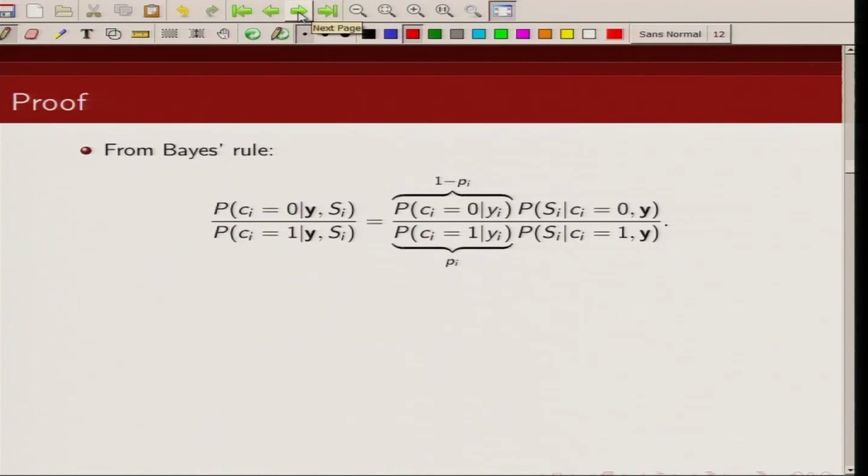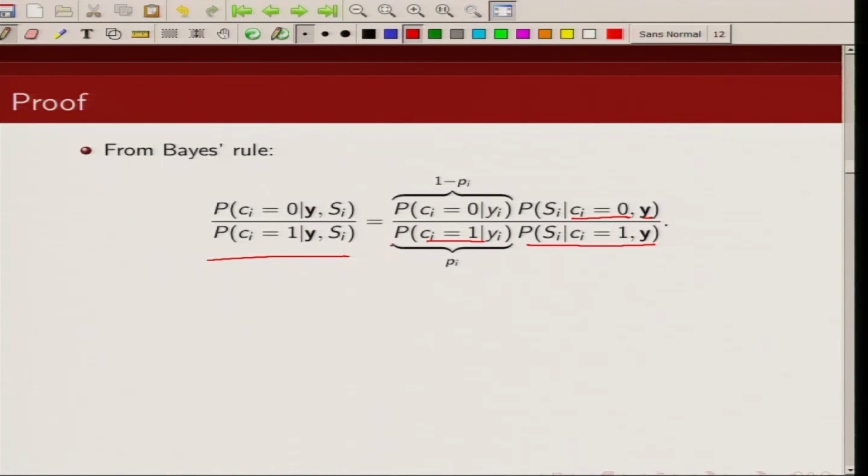So, let us see. From Bayes rule we can write this probability as probability of Ci being 0 given Yi multiplied by probability that the parity check constraints are satisfied given Ci is 0 and the received sequence is Y. And similarly, the denominator we can write as probability of Ci being 1 given received sequence Y multiplied by the probability that the parity check constraints involving Ci are satisfied when Ci is 1.